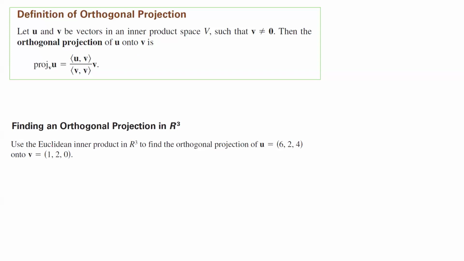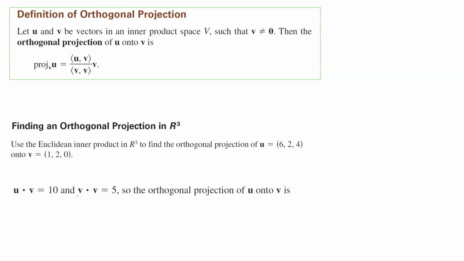Here is an example for you. Use the Euclidean inner product in the space to find the orthogonal projection of u onto v. So let's begin. When we're talking about the Euclidean inner product in the space, we're basically referring to the dot product between vectors. So u dot v is 1 times 6 plus 2 times 2 plus 0 times 4, which is 10.